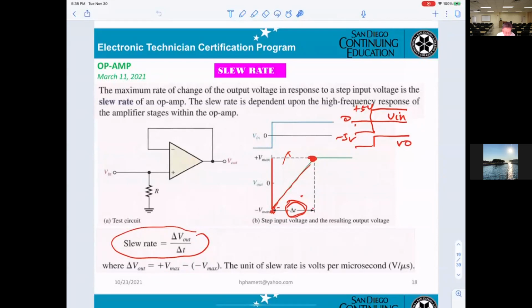The unit of slew rate is volt per microsecond.